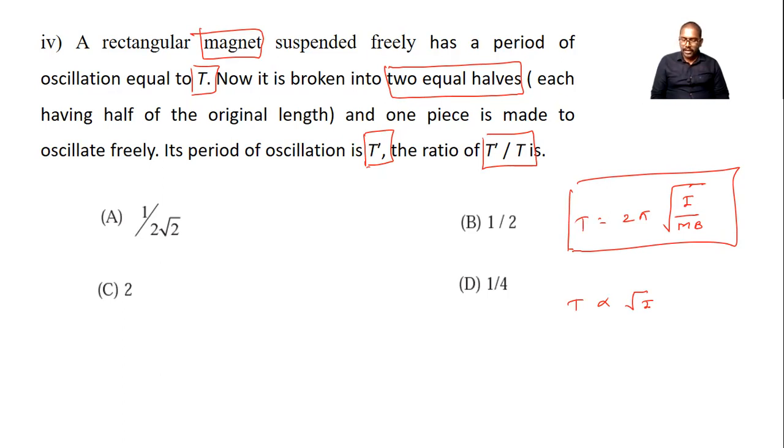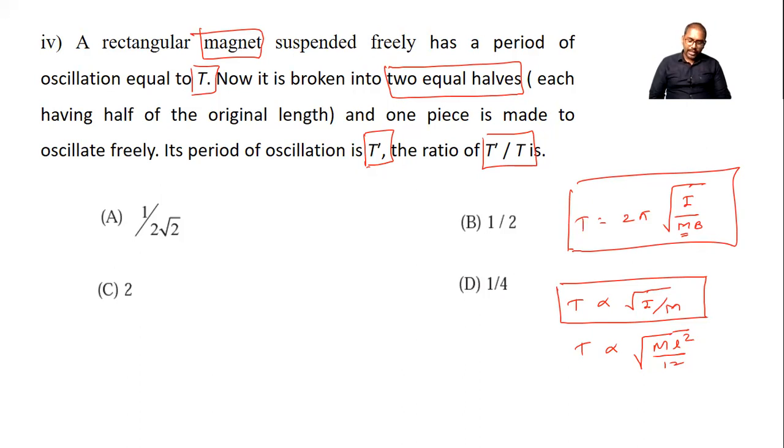So it's a bar magnet, and moment of inertia of this is M L square by 12. It depends on moment of inertia as well as inversely depends on dipole moment also, because when the bar magnet is broken, dipole moment also changes.